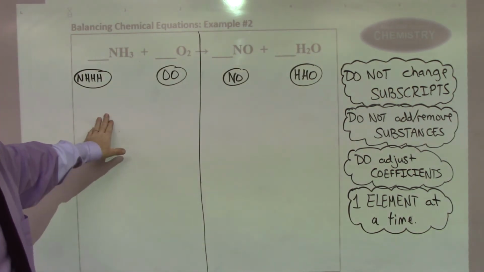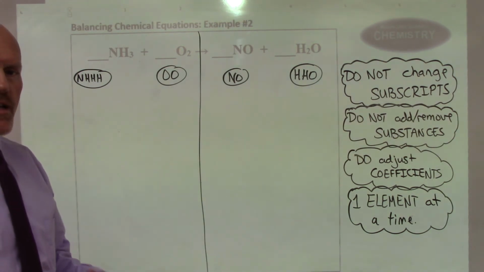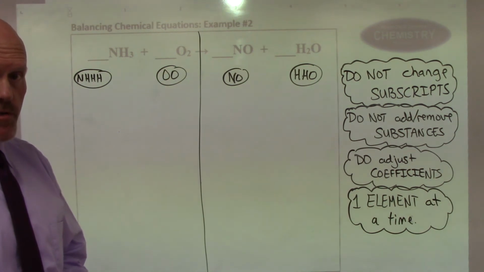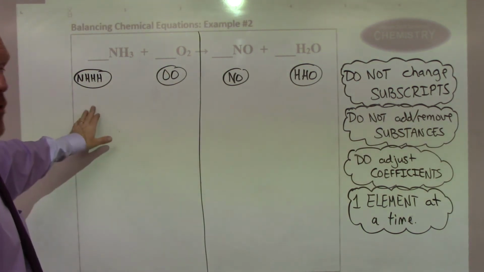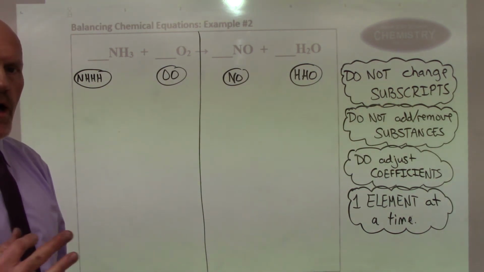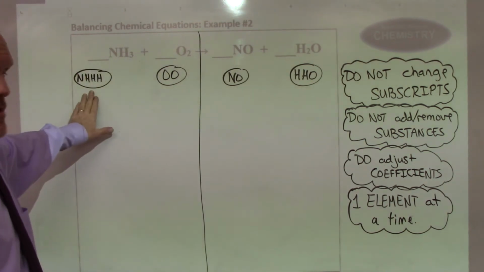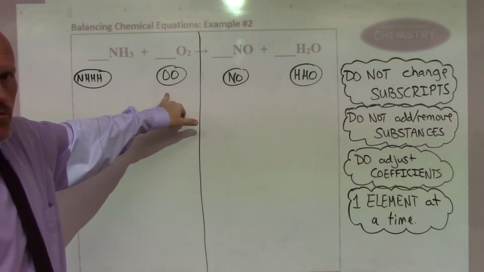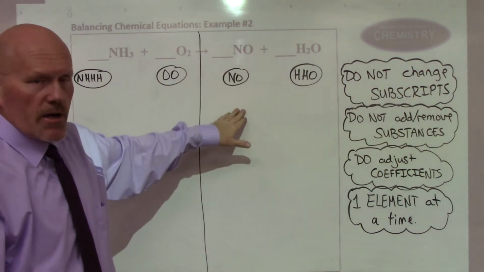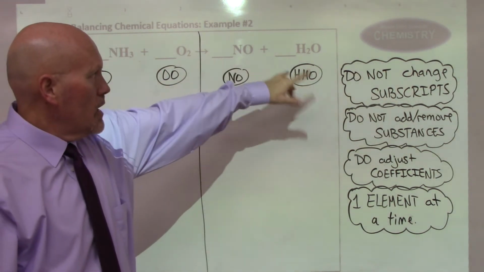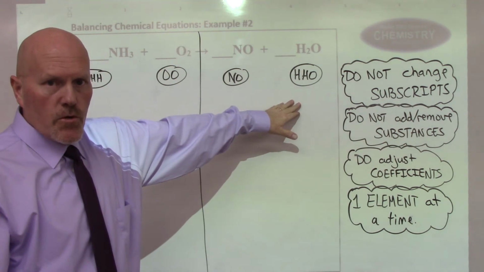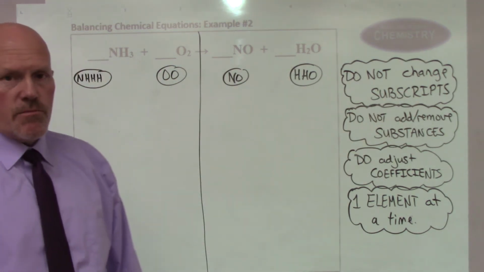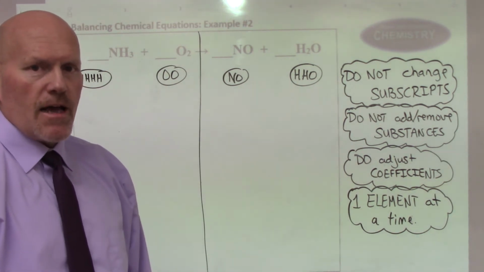I also went ahead and sketched in the one molecule for each of the substances. And you have the ammonia with 1 nitrogen and 3 hydrogens, a single molecule. You have the atmospheric oxygen, O2 molecule, nitric oxide, 1 N, 1 O, and the water molecule, 2 H's and 1 O.